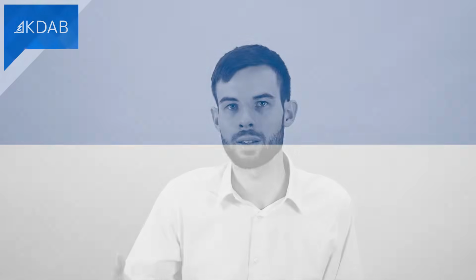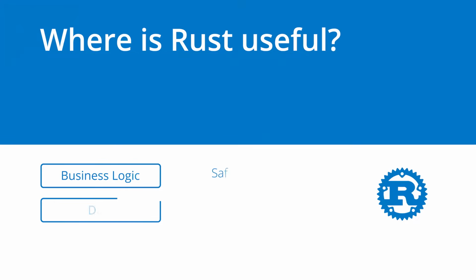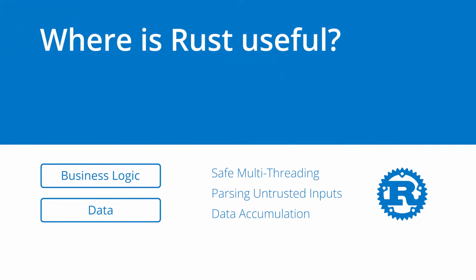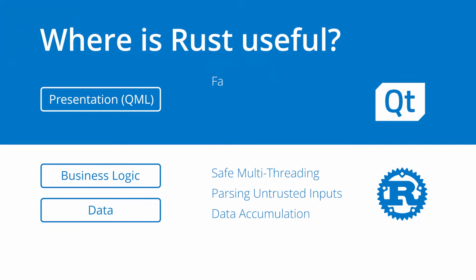QML allows us to write our user interfaces in a declarative way. In my opinion, this makes UI development far easier and faster compared to Qt widgets. With QML for the frontend and Rust in the backend, we can build a very modern UI that combines the ease of use of QML with the stability and safety of Rust. So, how does this work?